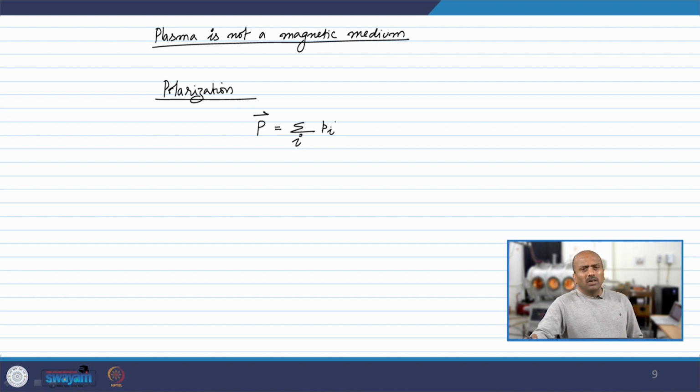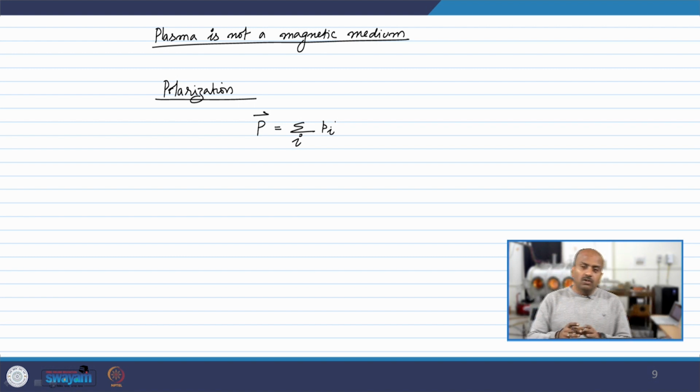If you have an atom, with electrons revolving around the nucleus, and you have a very strong electric field, it may be possible that the electron cloud may shift or be attracted towards a particular direction, and as a result the positively charged nucleus and the negatively charged electron cloud can constitute a small electric dipole, right.